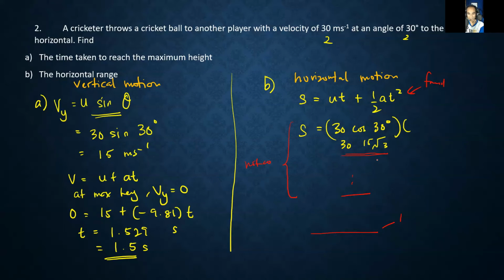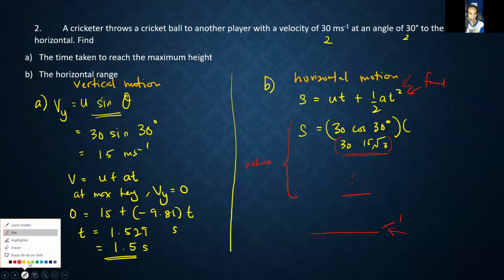My advice is, whether you write cos 30 or put in 15 square root of 3, they don't care. What the markers care about is the formula at the top and the answer at the bottom. Okay, sir.